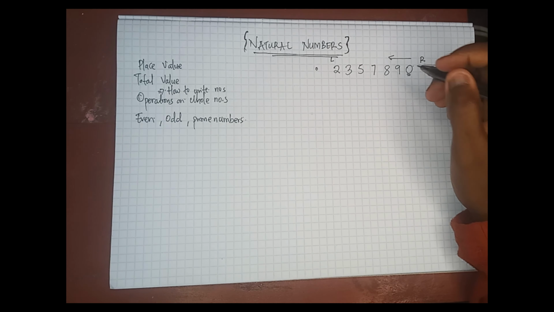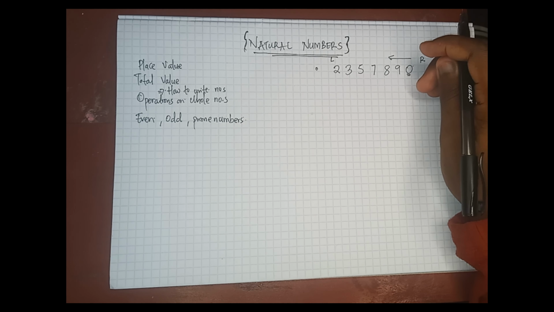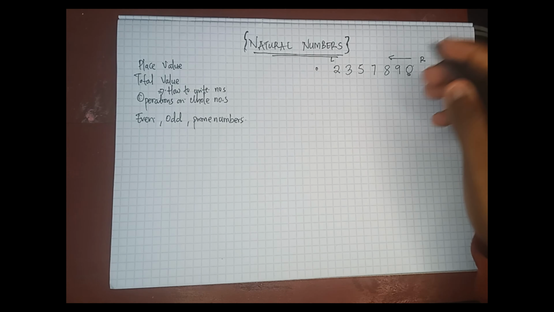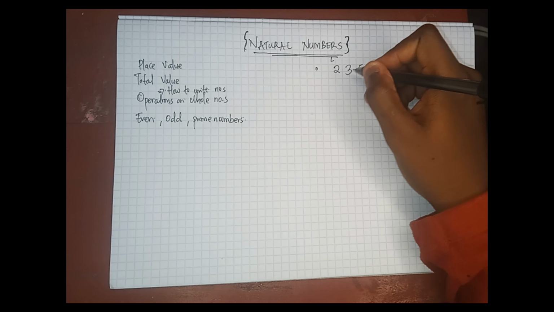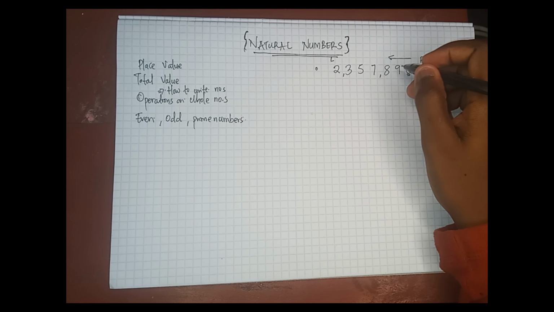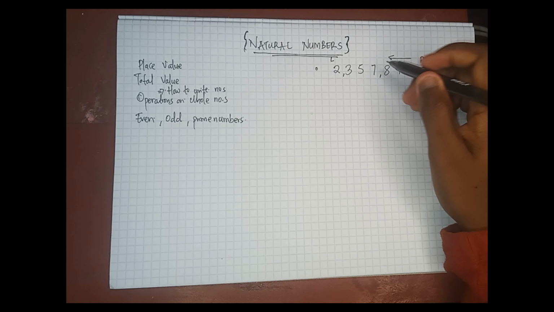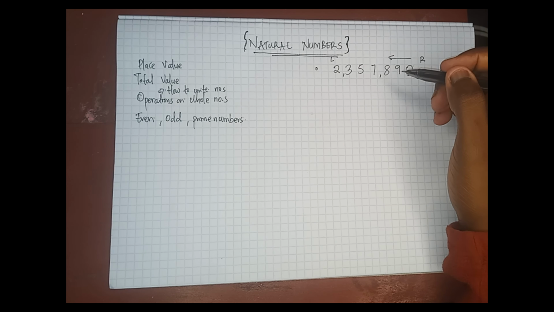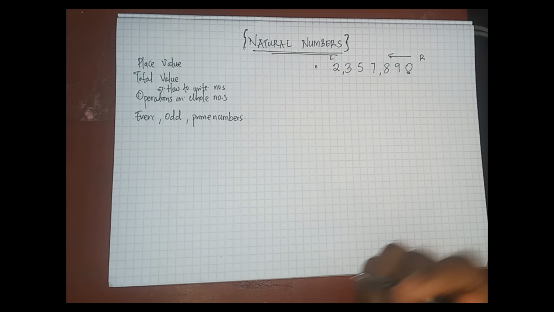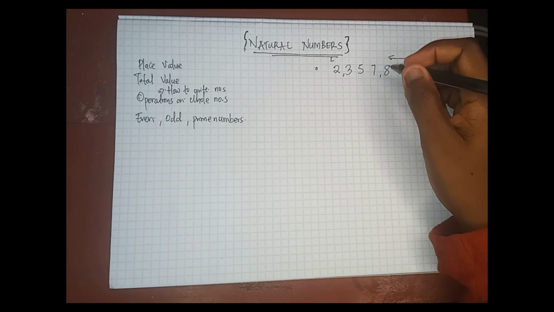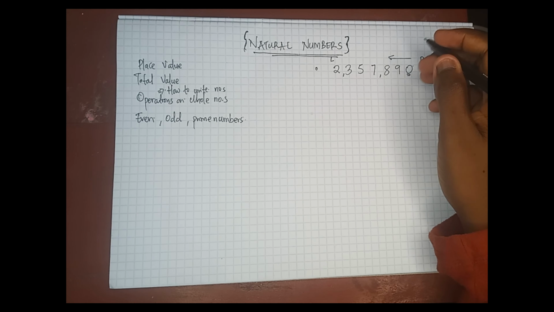Before you actually determine what a number is in words, first of all you count, and you group the digits into 3, and then determine the place value, then you put it in words. So I'll explain more tukifika kwa the third section.